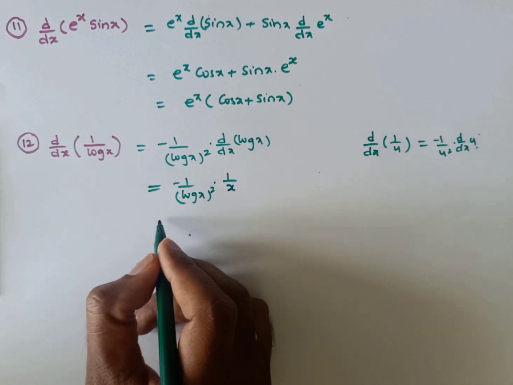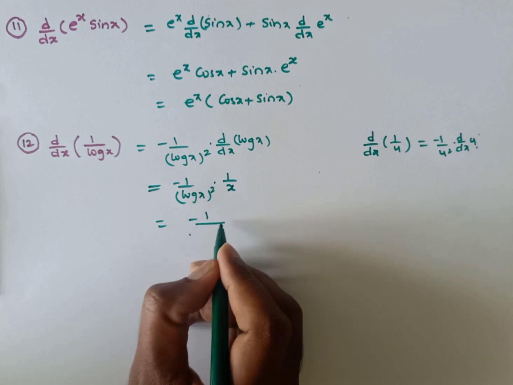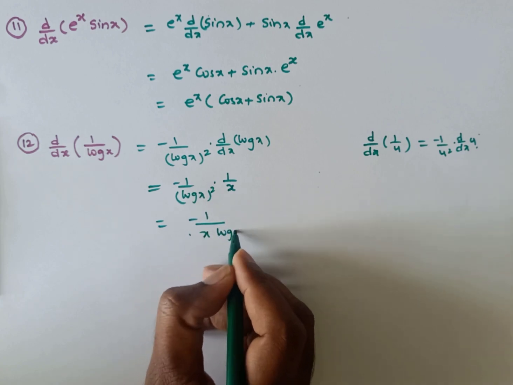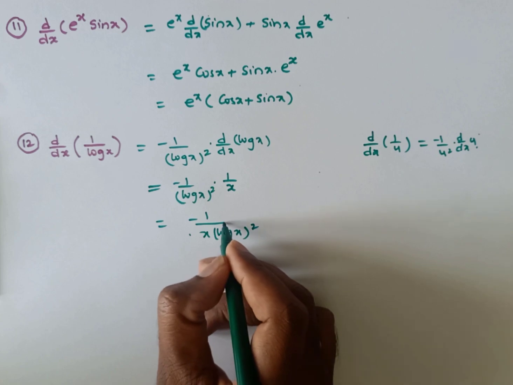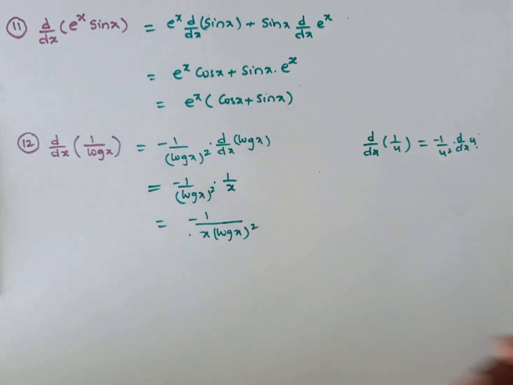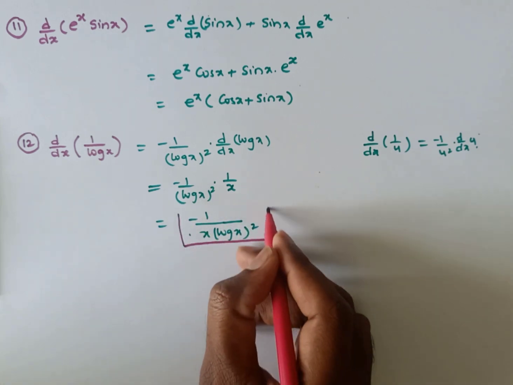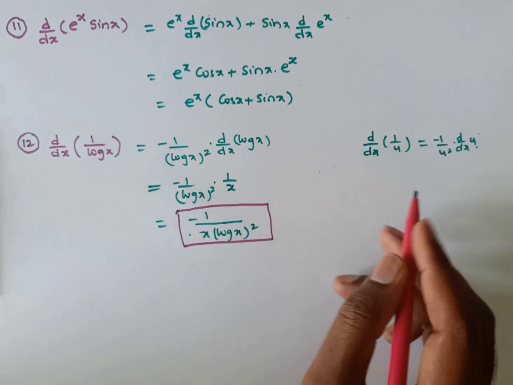So finally this is minus 1 by x into log x whole square. This is the derivative of that function, and I explained how to use 1 by u.